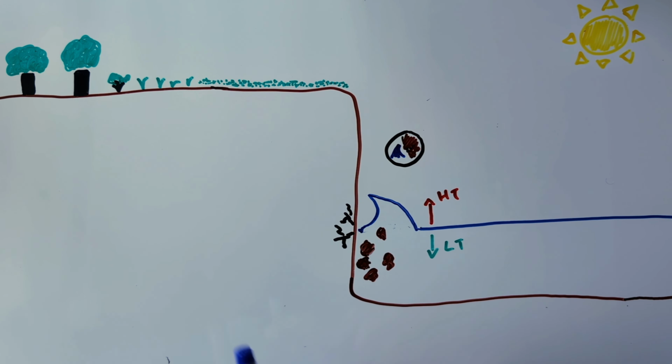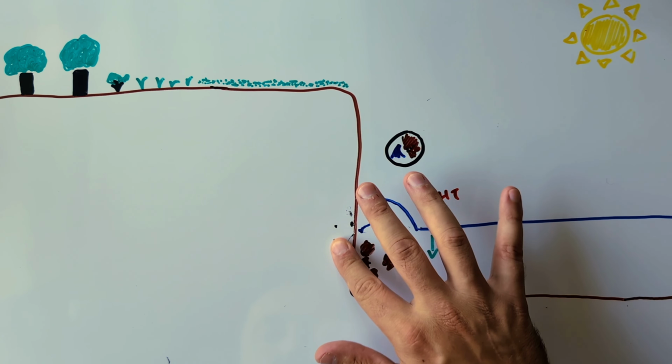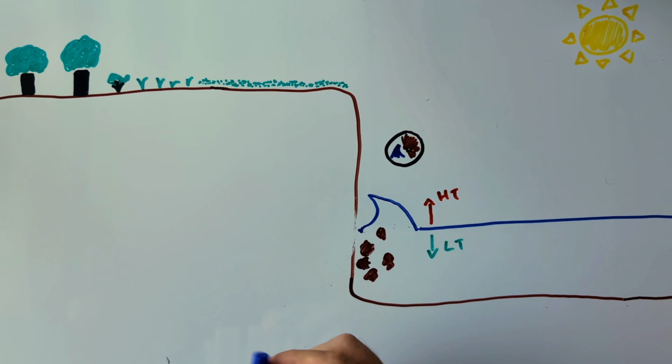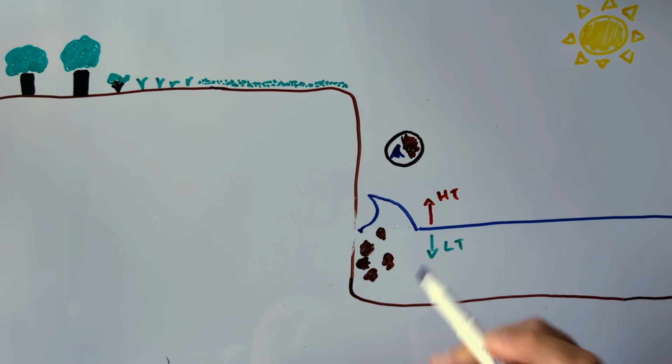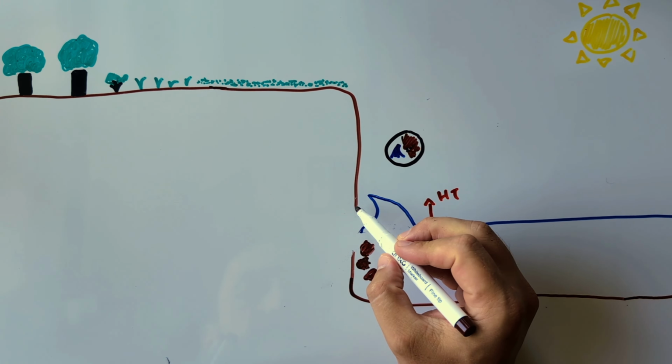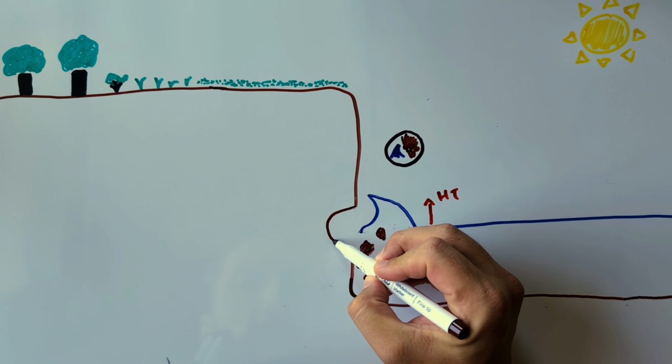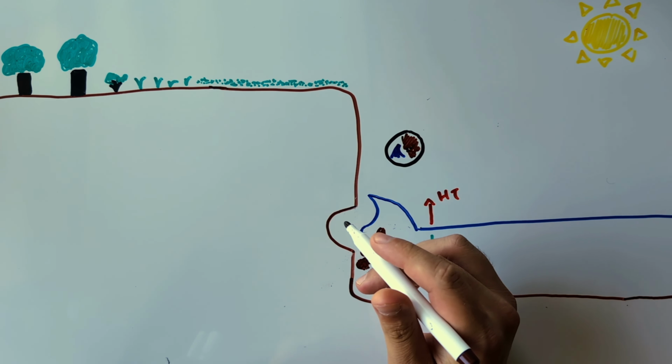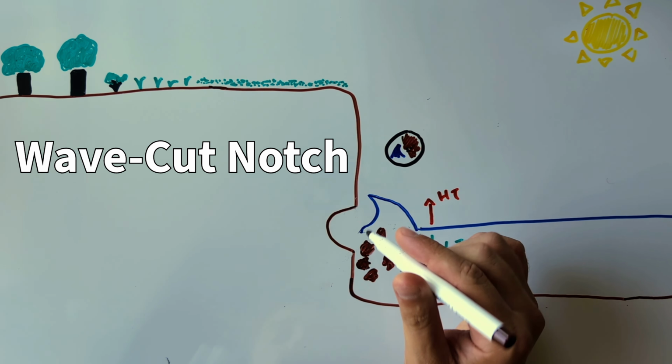Okay, now this is going to cause erosion. Erosion is the breakdown of rock. And what you're going to see is that over time, a notch will appear. Okay, this is a wave cut notch.